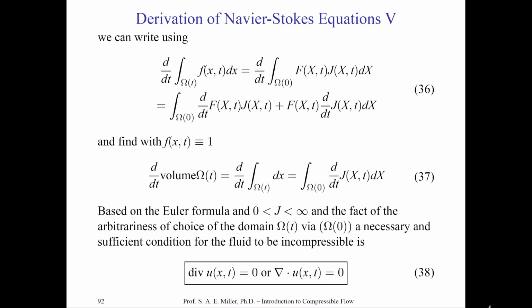Now we can note from the transport theorem, and we can write equation 36. We might write that the ordinary derivative of the volume integral at some time of f dx, which is some property, a scalar or vector field f, will go as the ordinary derivative of the same integral at time 0 of big F, J, replacing it and setting time to 0, which will also be equal to, through distribution of the ordinary derivative through the interior of the integral's argument, the integral at time 0 over the volume of the fluid parcel of df/dt J plus f dJ/dt.